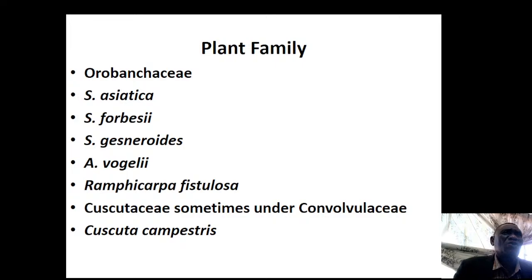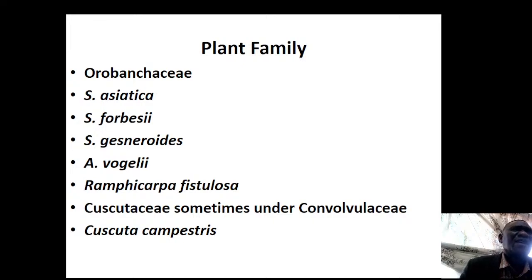So we have more or less two plant families which contain parasitic weeds. The first plant family, known as the Orobanchaceae, has a lot of parasitic weeds. It has Striga asiatica, Striga forbesii, Striga gesnerioides, Alectra vogelii, and Rhamphicarpa fistulosa.